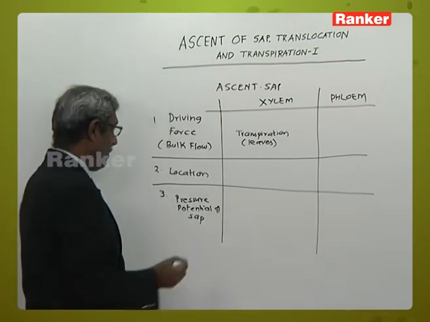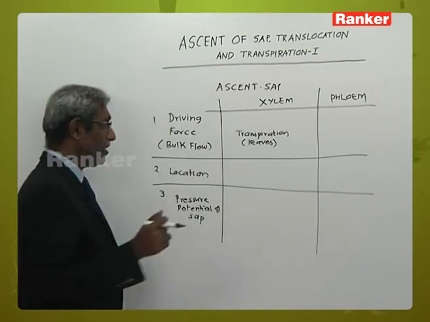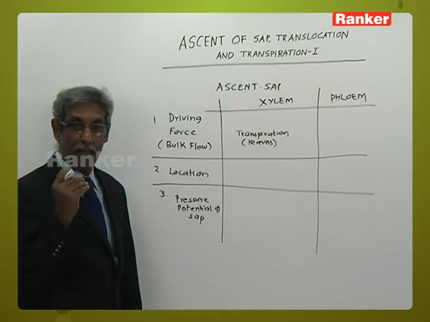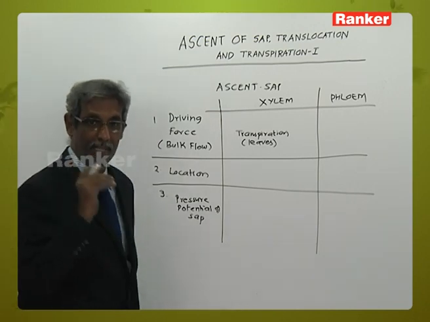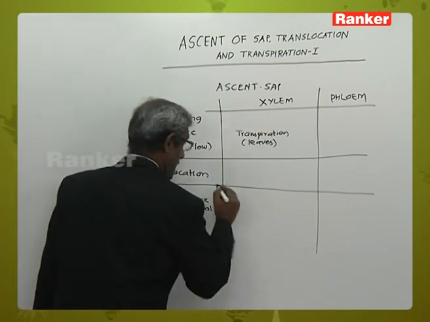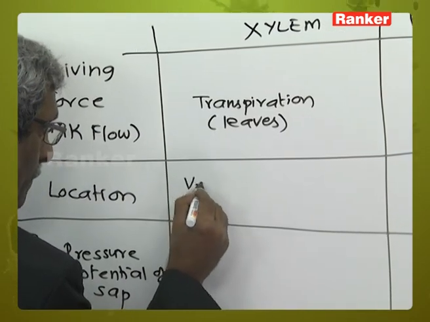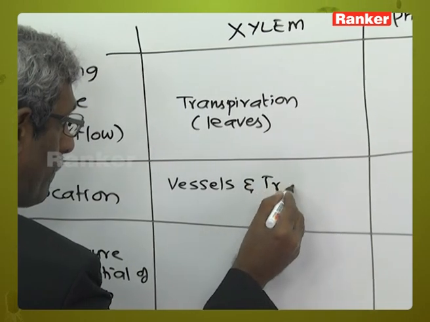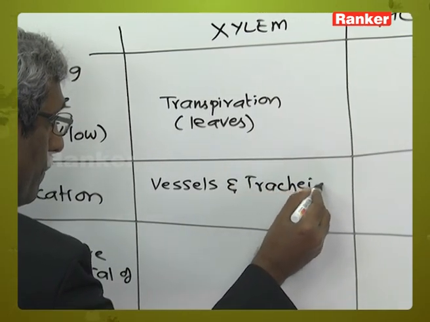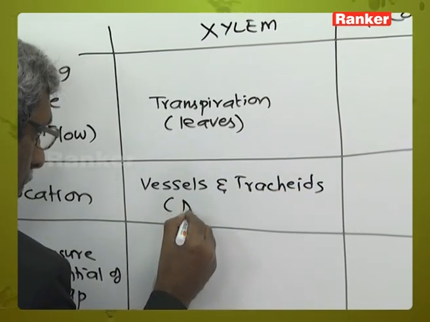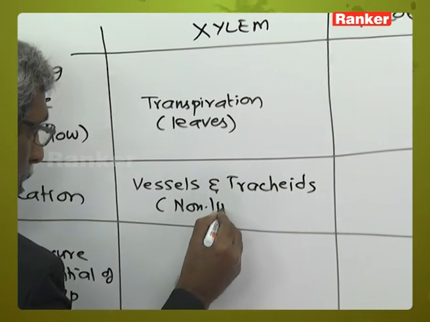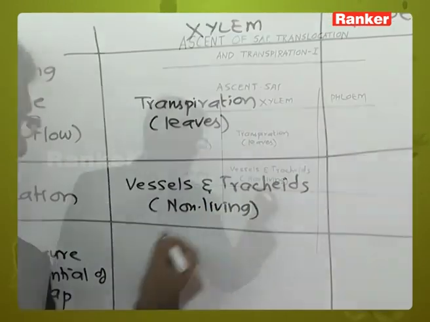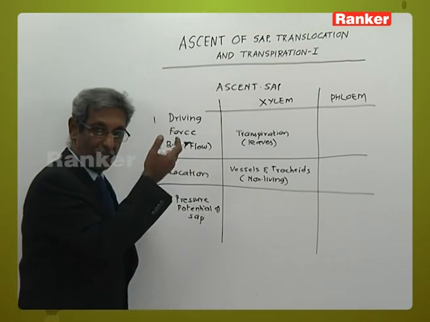And again, when you take the location, where are they located? Especially in xylem ascent of sap, it is located in the non-living vessels, that is vessel elements and tracheids. That is, the dead tissues primarily help in ascent of sap through the xylem.